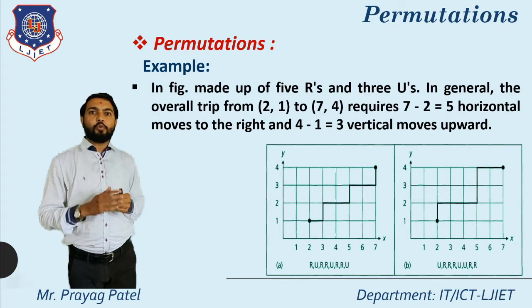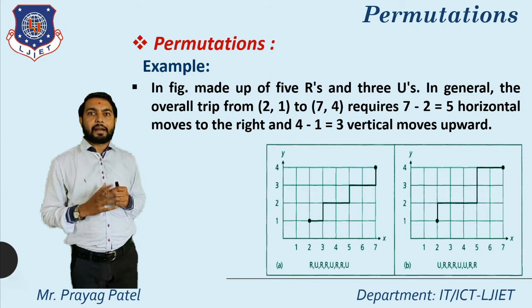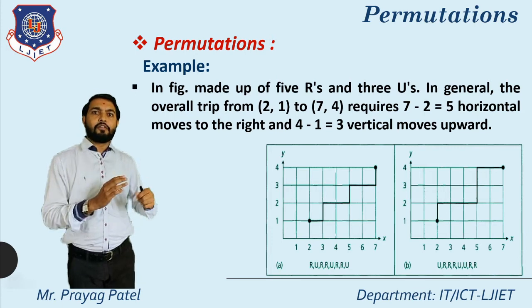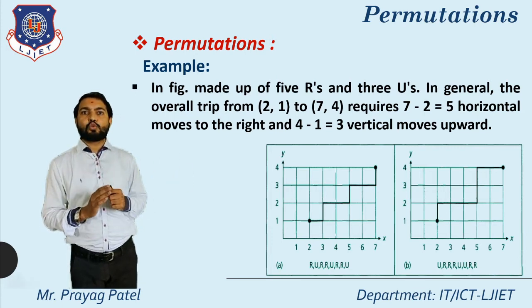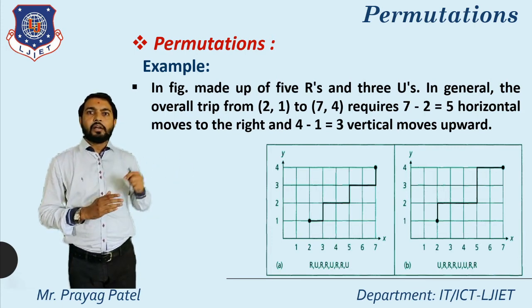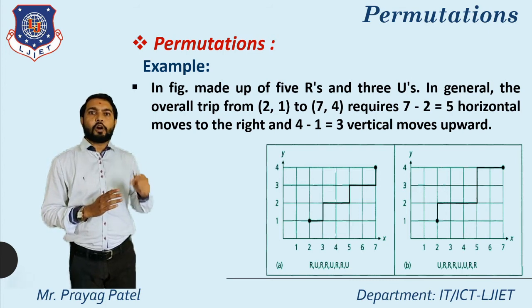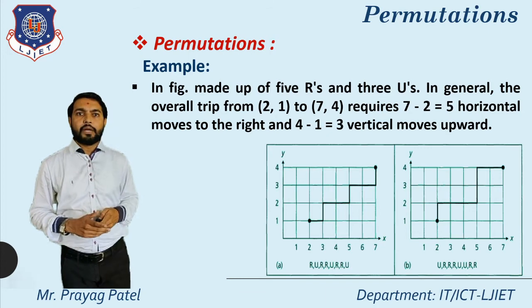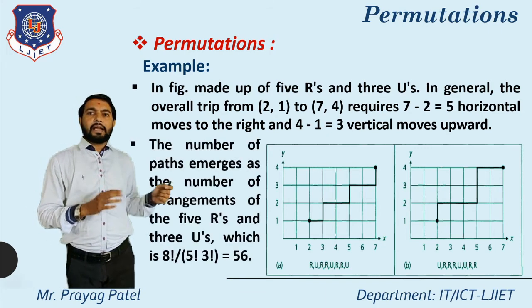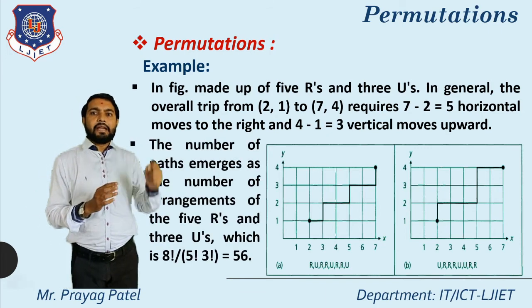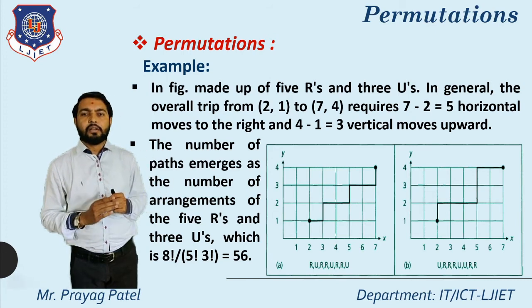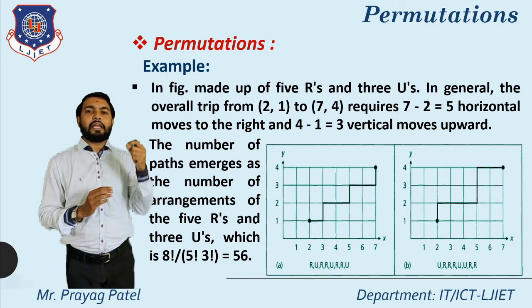For that we have to find the number of U and R moves. R is repeated 5 times and U is repeated 3 times. That means the horizontal movement is 7 minus 2 equal to 5, and the vertical movement is 4 minus 1 equal to 3. Now the total number of movements is 8, because the combination of R and U totals 8. So on the upper side we write 8 factorial.